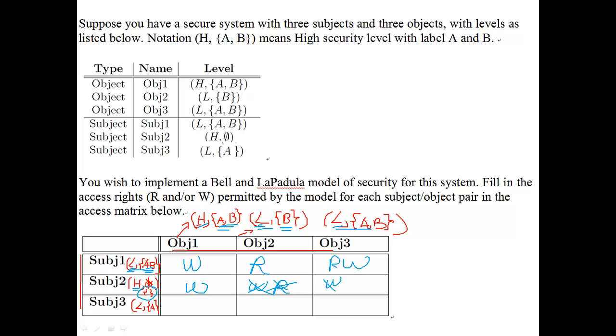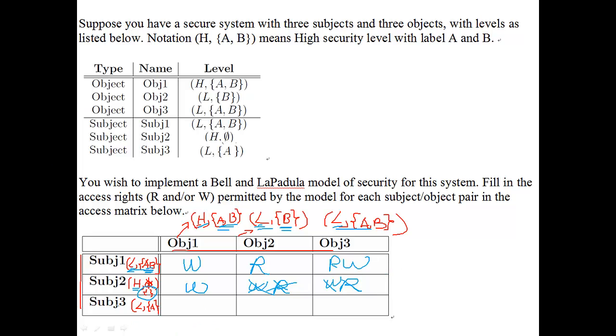So cannot write. Can it read? Because this is an empty category and this is AB category, that means it cannot read either. Okay? No read up, no write down.